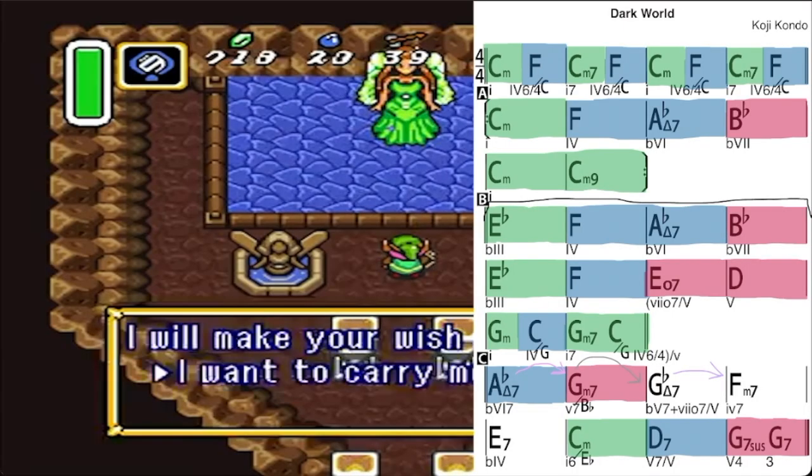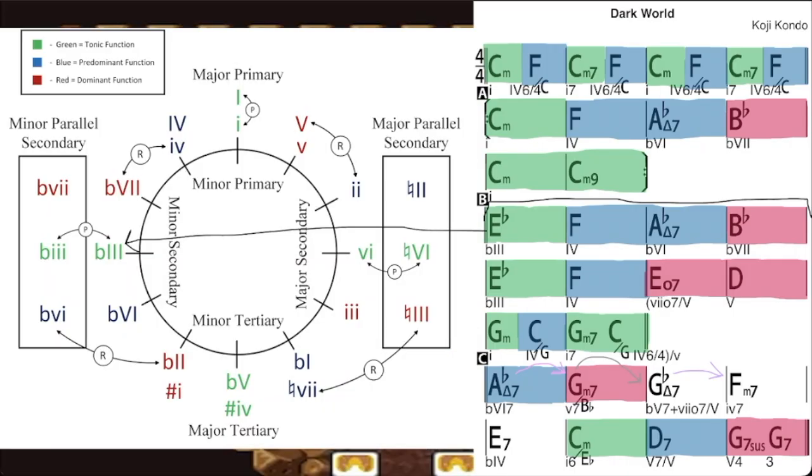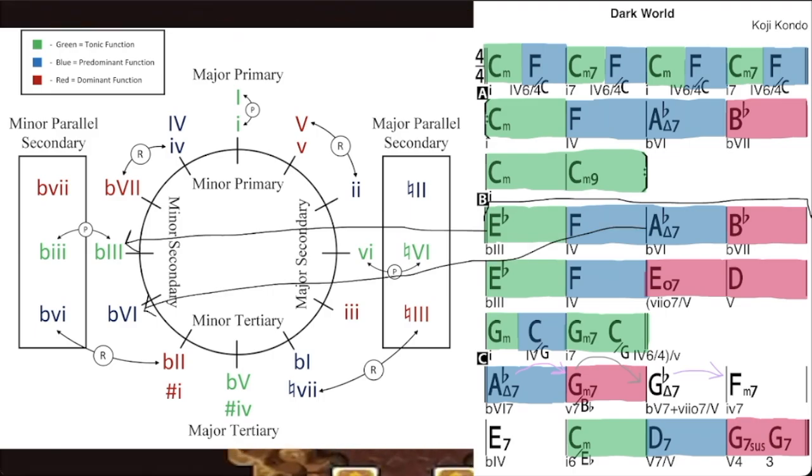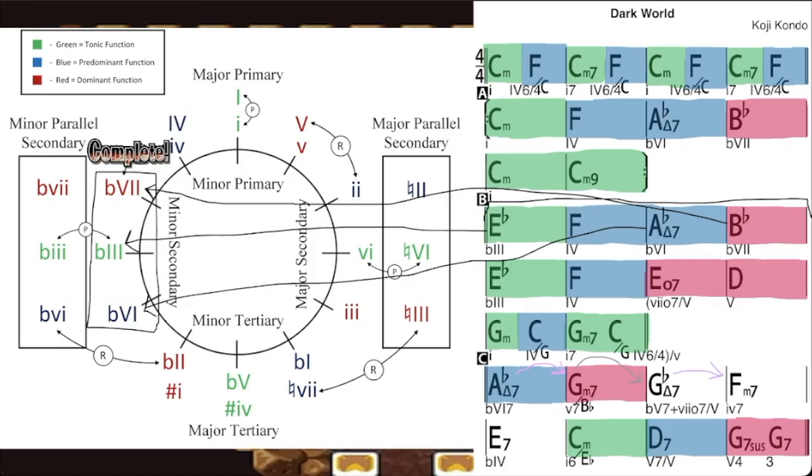Similarly, if we look at the Dark World theme, we have this E flat chord in the B section, which is flat 3. We have A flat in the B section, which is flat 6. And we have this B flat chord in the B section, which is flat 7, and that completes the minor secondary chords. So just like in the Zelda theme, we have a sort of sweeter thing going on here in the B section.